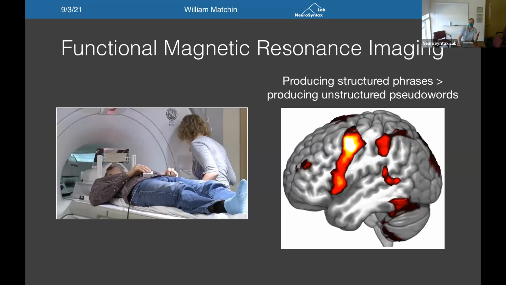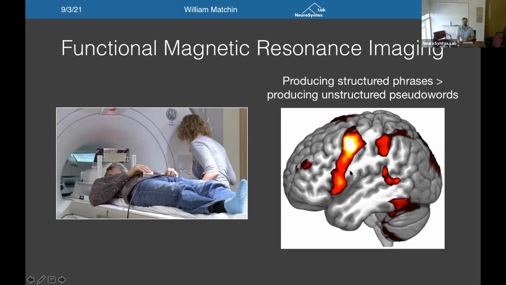And we can look at that blood flow, which tells us which brain areas are more active at a given time. So if we have them do a task in the scanner, like producing a phrase or a sentence, we can look at the brain areas that are active while healthy subjects, without aphasia or brain damage, are sitting in the scanner producing some speech. We can find these areas that are more active while they're doing that task, right?